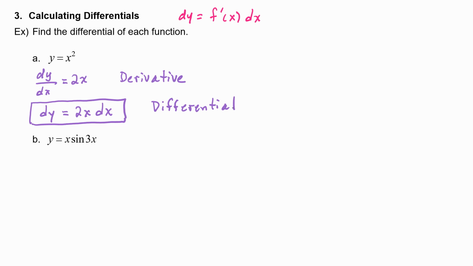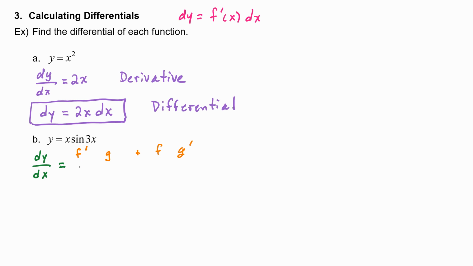In part B, we have that y is equal to x sine of 3x. Then finding the derivative with respect to x, we would have dy dx is equal to, now over here on the right hand side we have a product, so we will have to use the product rule, f prime g plus f g prime.